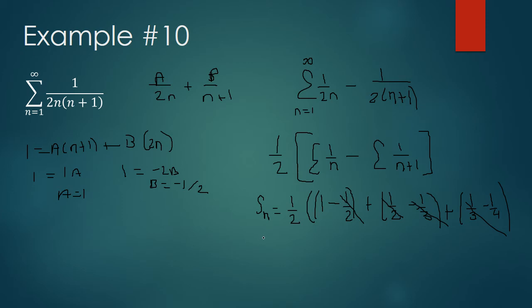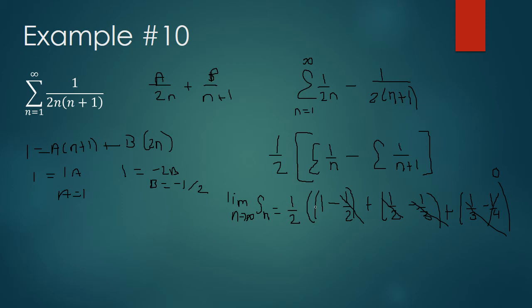Now, if I apply the limit as n goes to infinity, so I'm going to add the limit as n goes to infinity out here. Okay, because I'm trying to find the S sub n, right, what the sum is. So if I take the limit as n goes to infinity, this would be my next term, right? Well, this is going to end up being so small, it'll be subtracting 0.